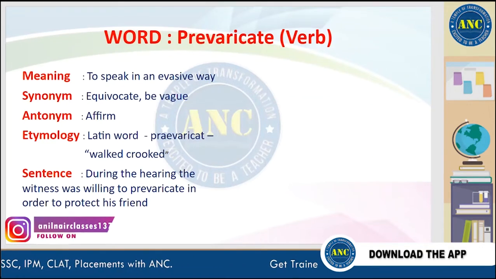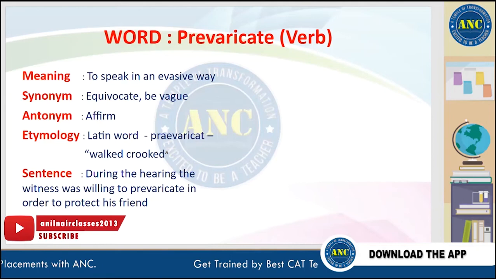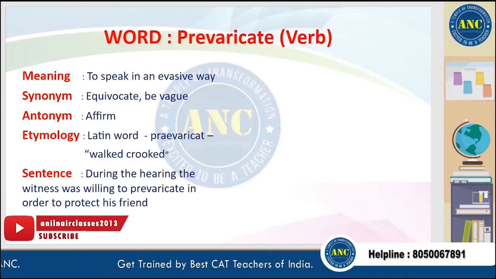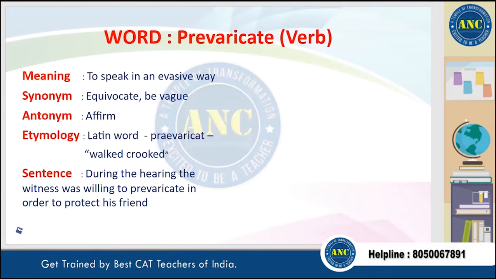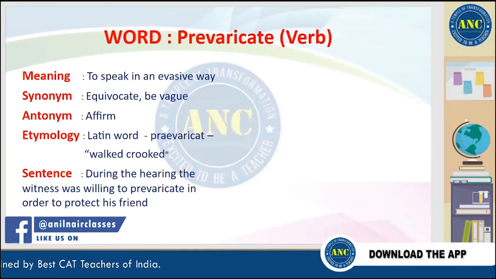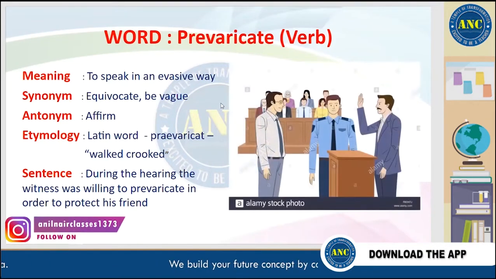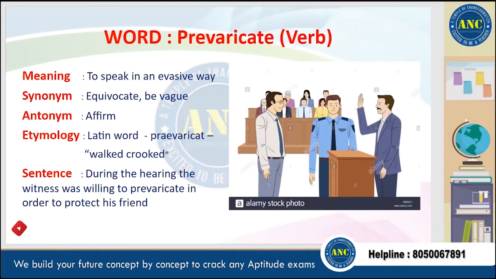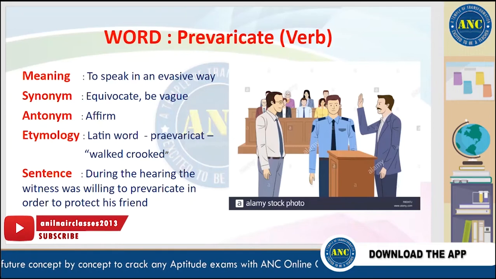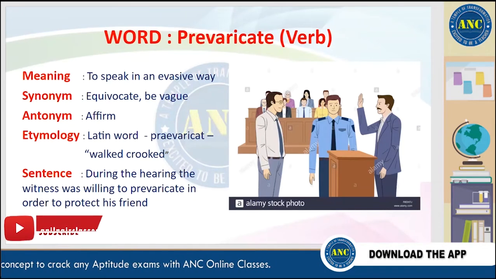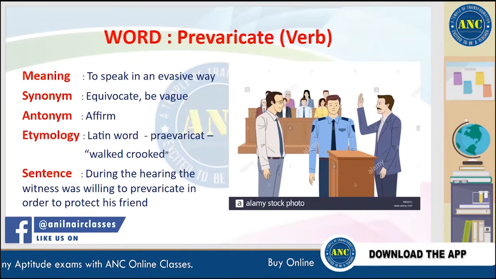A sentence you can use to remember prevaricate is, during the hearing, the witness was willing to prevaricate in order to protect his friend. Okay, so whenever you look at the word prevaricate, you should remember a court scene and a witness willing to speak or bend the truth a little bit so that his friend is protected.